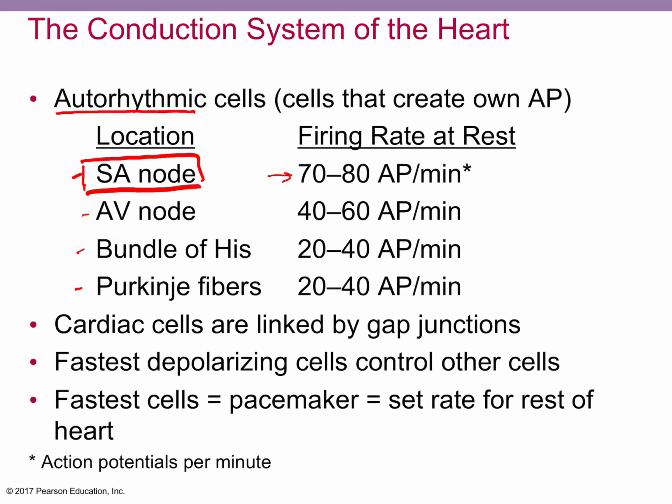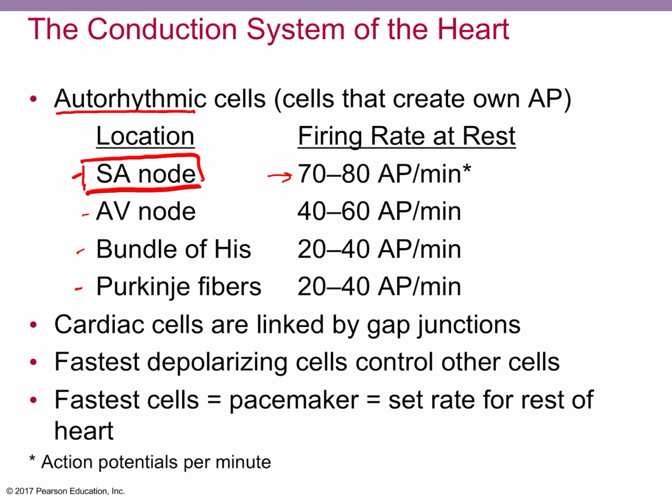So the firing rate is the fastest. Therefore, it kind of wins the race. So it depolarizes first, and it's going to set the entire heart's rhythm. So the regular heartbeat is called sinus rhythm, set by the SA node.